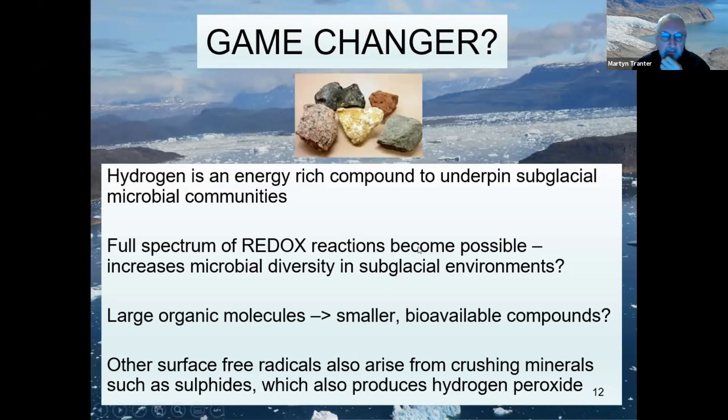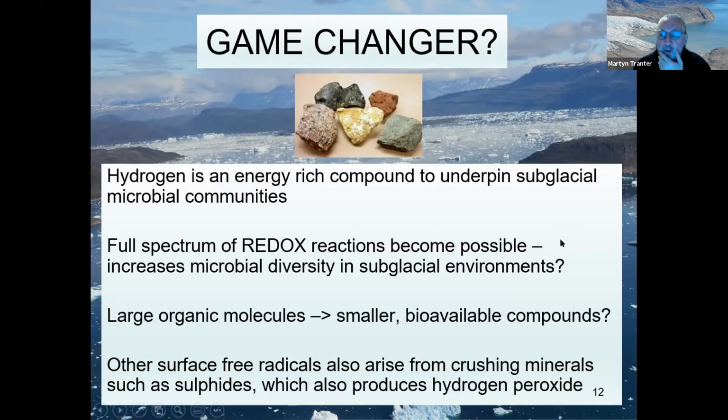Now, why could this possibly be a game changer for subglacial biogeochemistry? Well, hydrogen is a really energy-rich compound as far as microbes are concerned. They generate a lot of energy by catalyzing reactions that involve hydrogen.